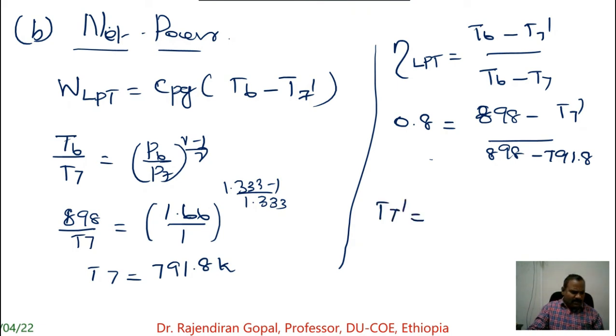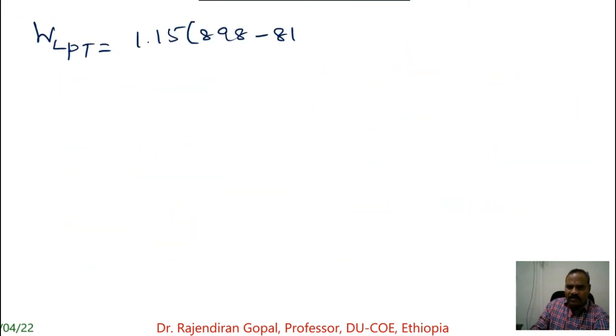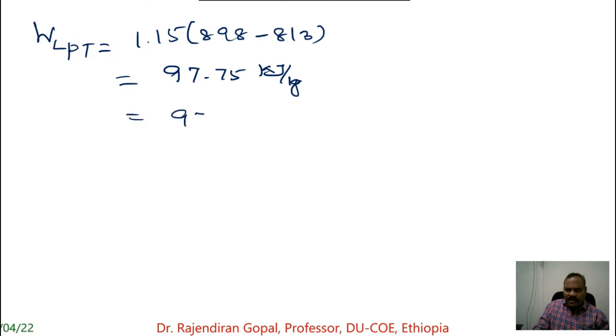T7 dash is equal to 813 Kelvin. Therefore, the work of the low pressure turbine is equal to Cp of gas 1.15 multiplied by 898 minus 813, that is equal to 97.75 kilojoule per kg. Power output is equal to 97.75 kilowatt per kg per second.